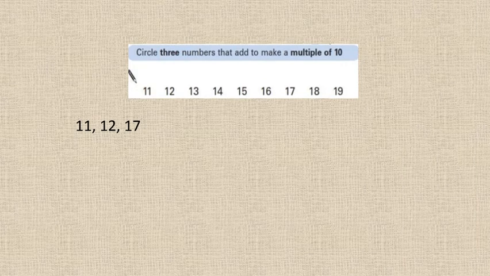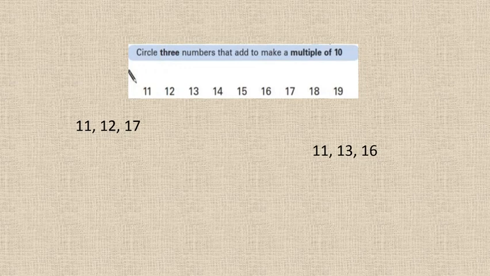Another answer, for example, 11 and 13. 11 plus 13 equals 24, so I have to have a number ending in 6. I can make it with 16, so 11, 13, and 16.